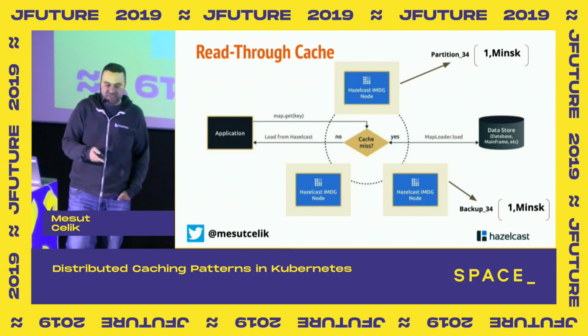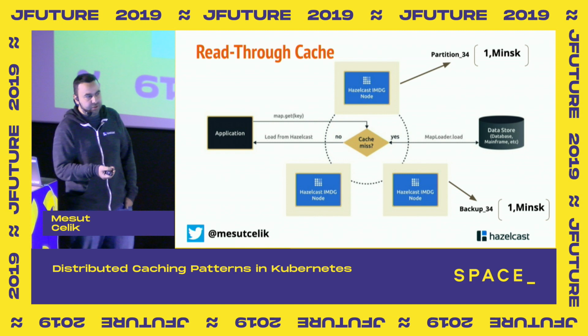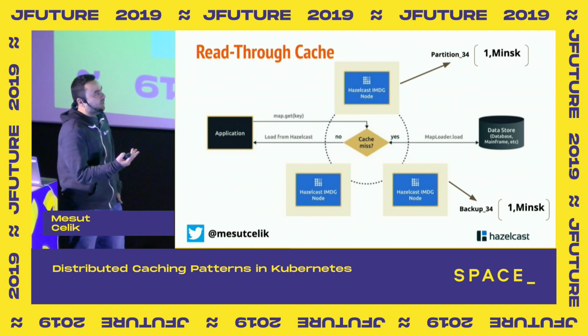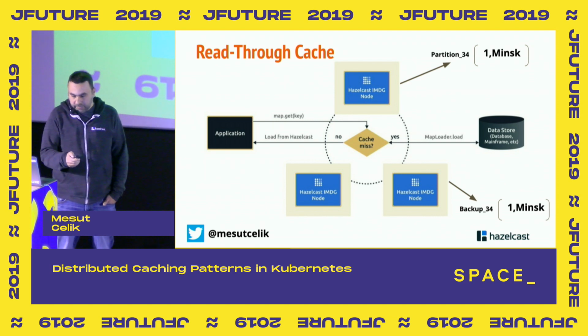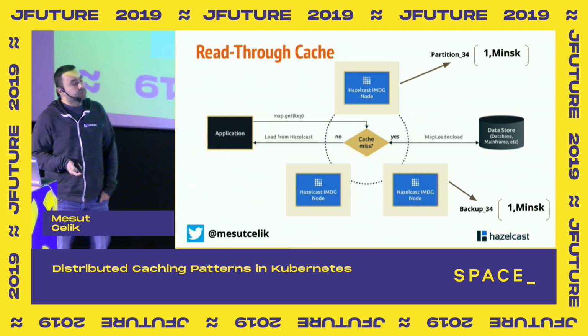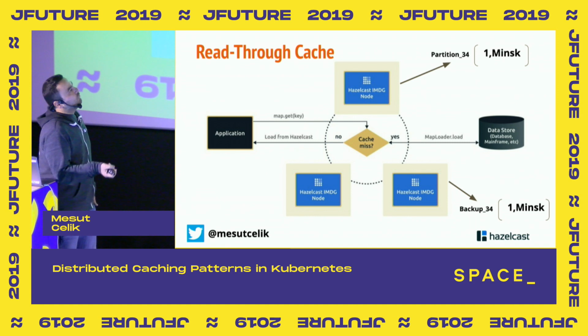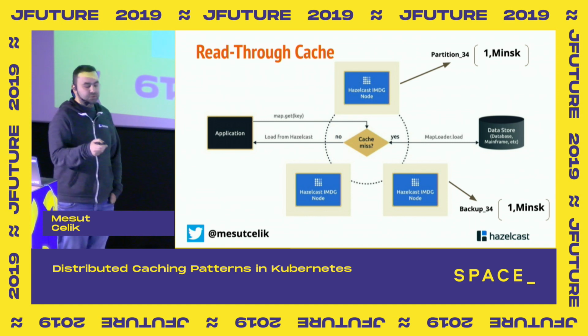So this is basically how partitioning is done. So you are free to kill, in 1 backup count, any member you want, and then you will not lose any cache.